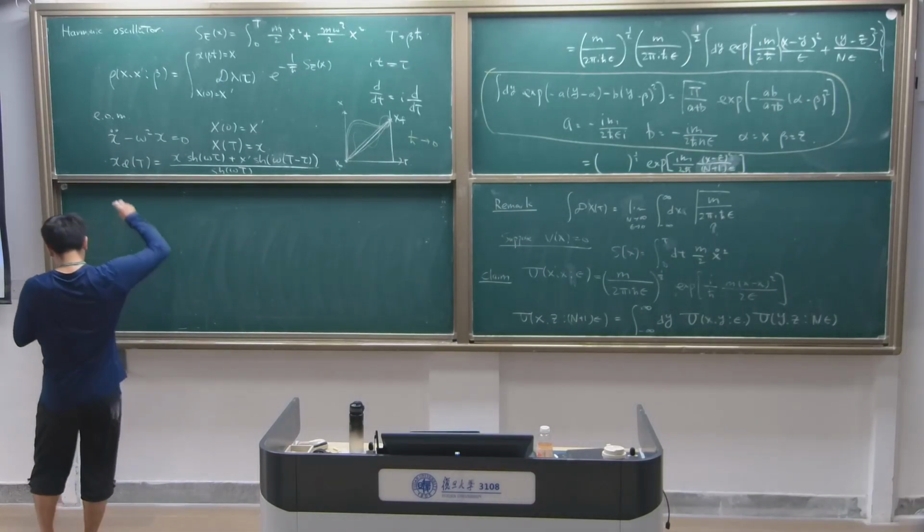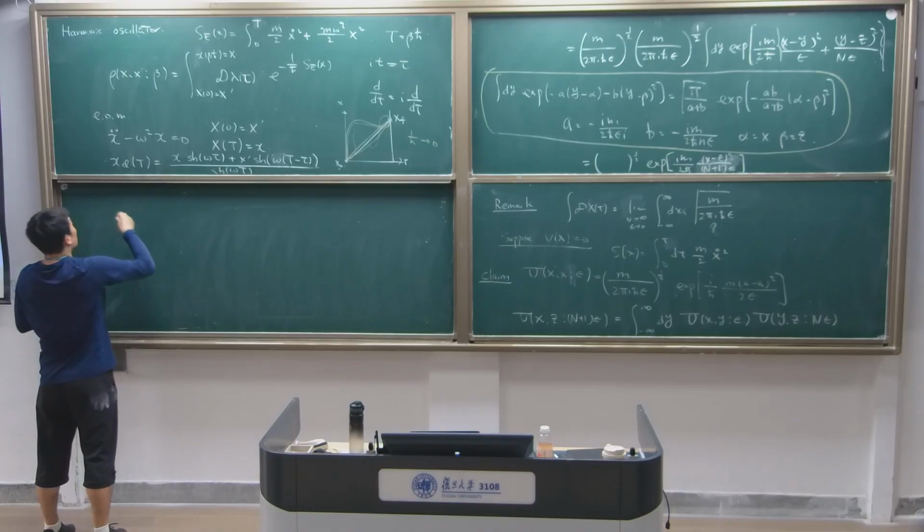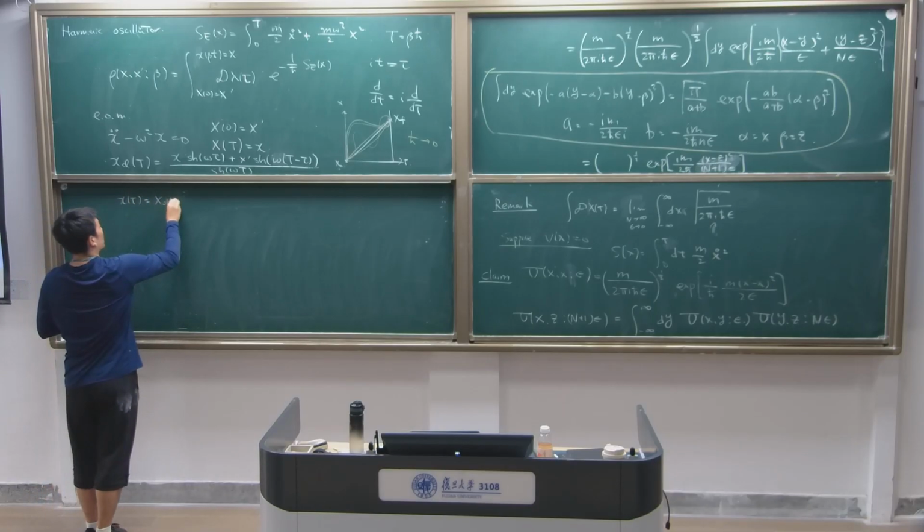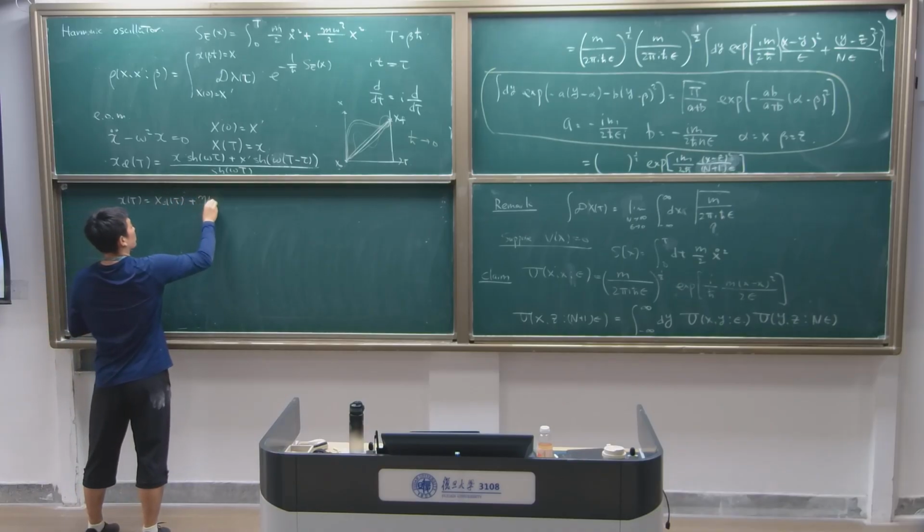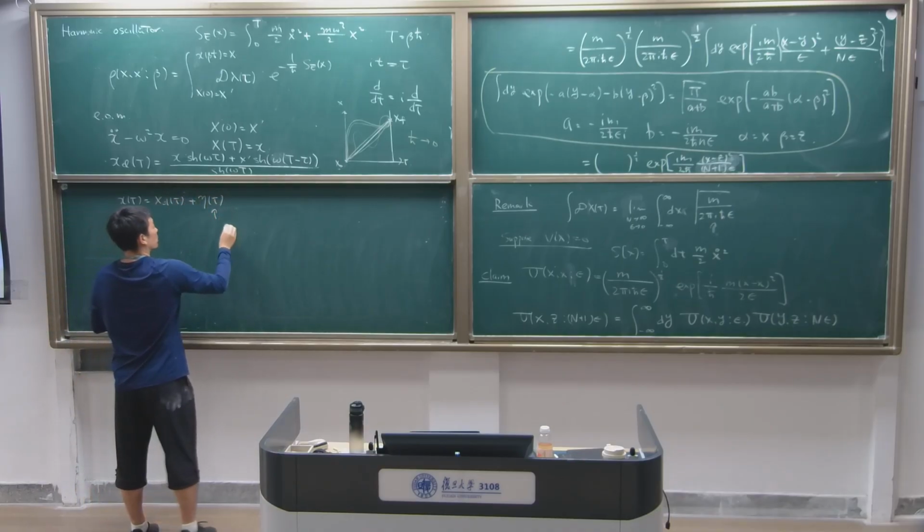The fluctuation. So x of tau can be decomposed as the classical solution plus a fluctuation, a.